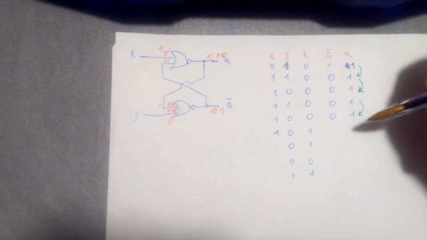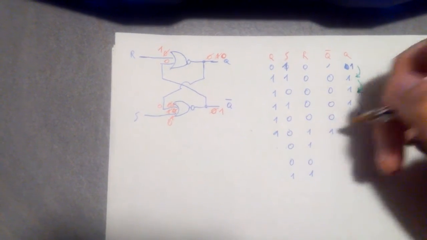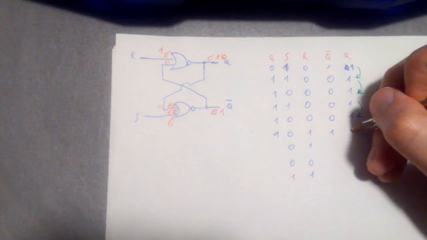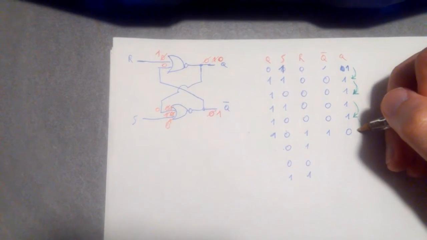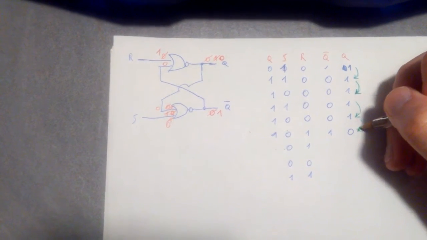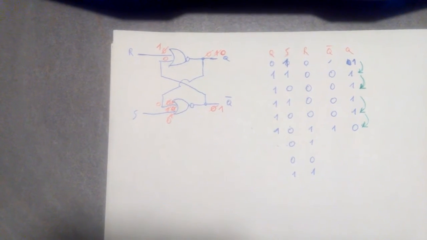So we will have Q complement as 1 and Q as 0. So you can see that it actually changed, as we flipped those two values.